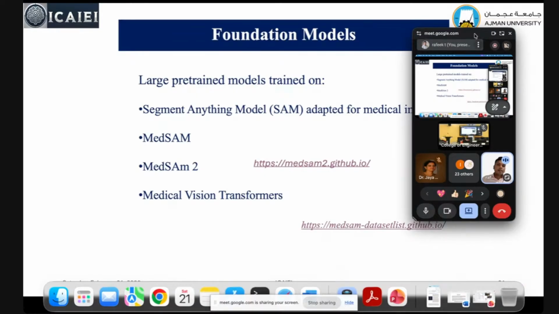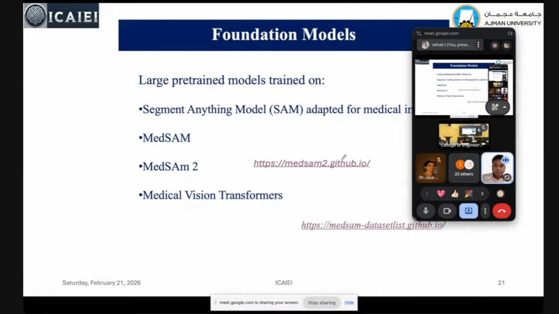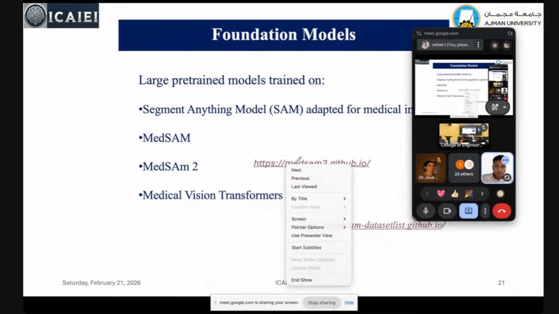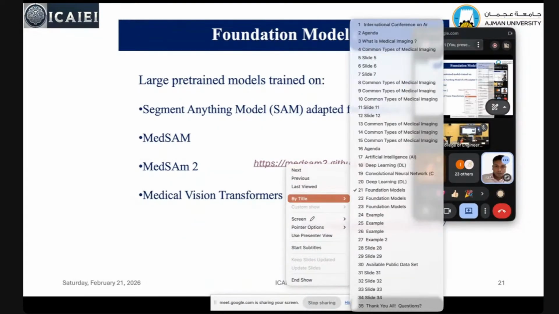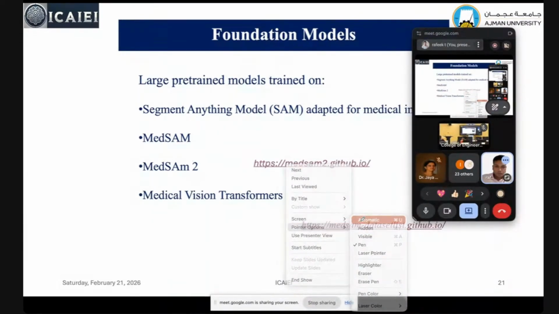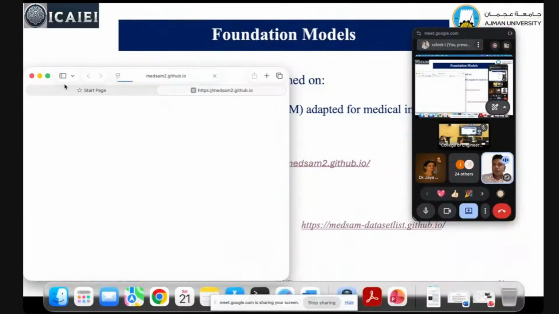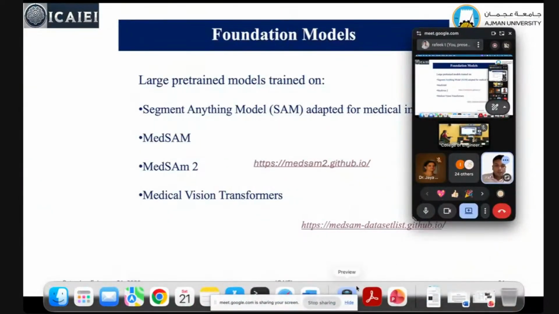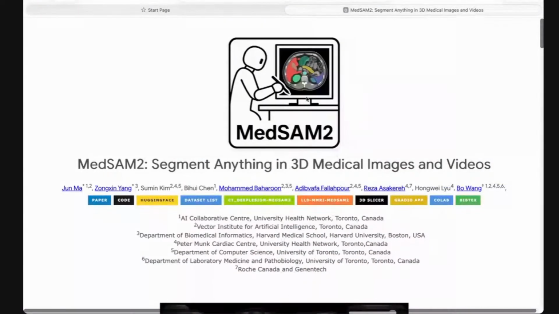Labeled data availability is very difficult. They recently released MedSAM 2 and 3, and I will show you. This is the MedSAM 2 page.